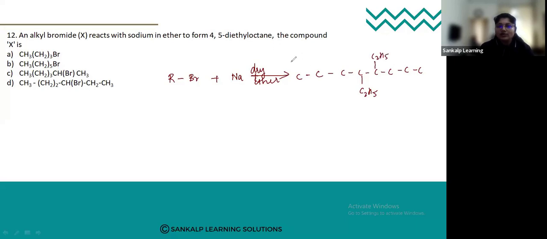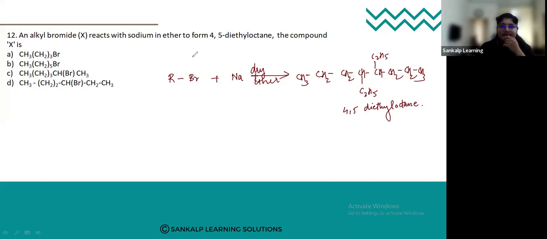Now write CH3, CH2, CH2, CH, CH, CH2, CH2, and CH3. So this is 4,5-diethyl octane.